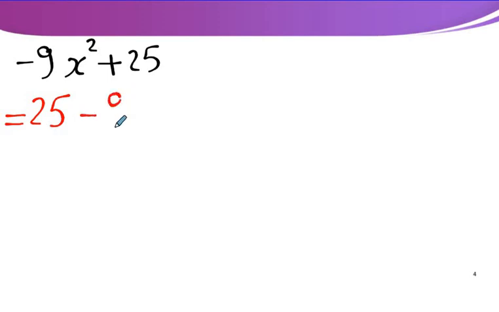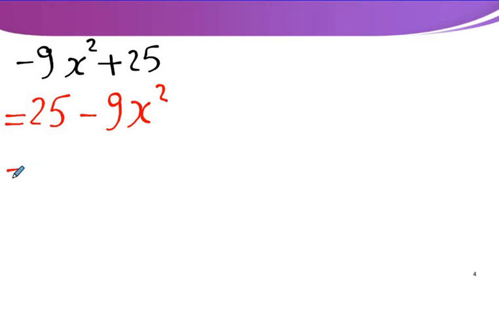Negative 9x to the power 2 plus 25. Make it as 25 minus 9x to the power 2 to be in the form of difference between two squares.